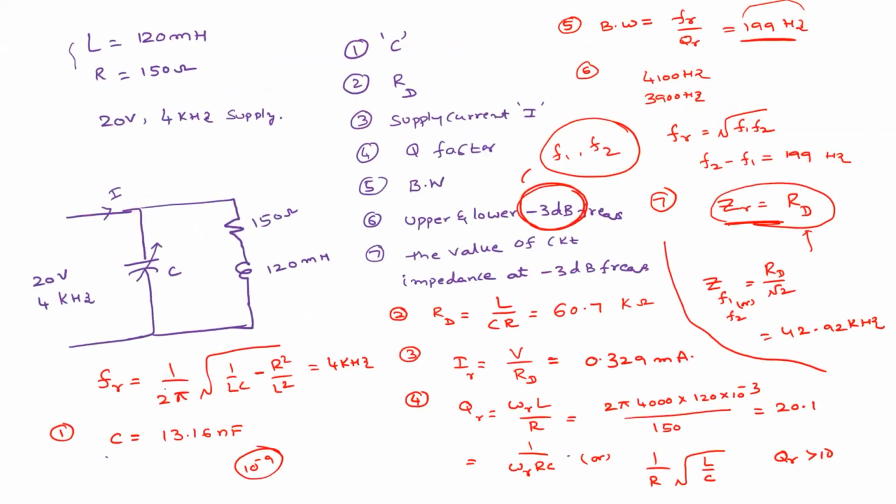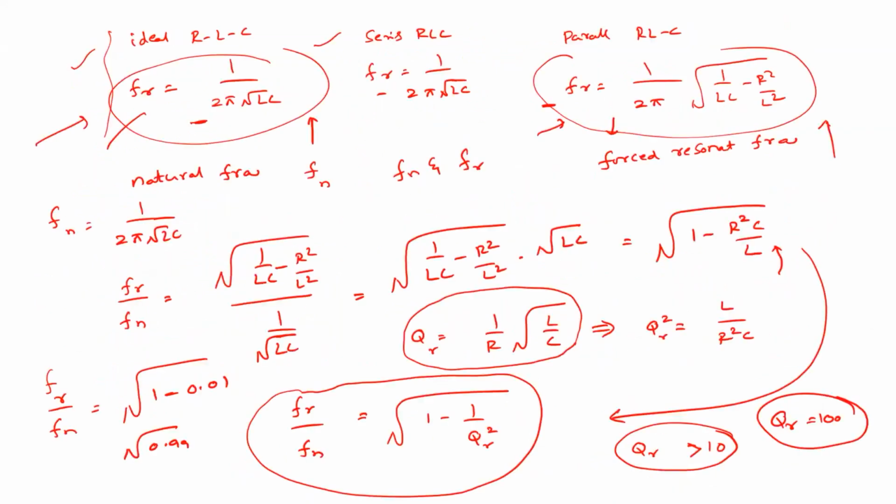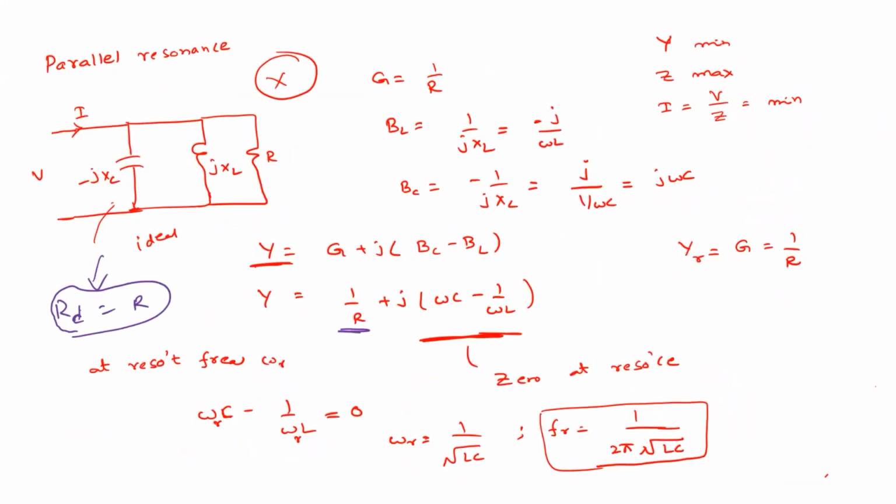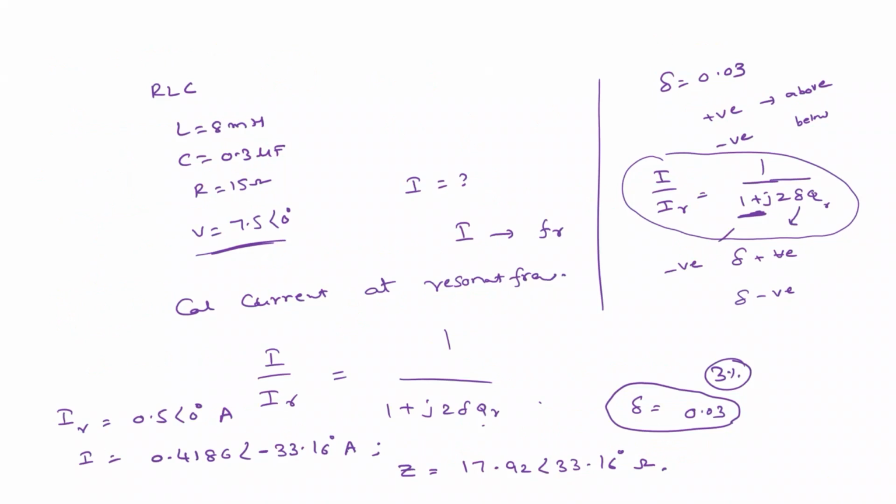Wait a second. I by IR is equal to 1 by J into 2 delta QR.